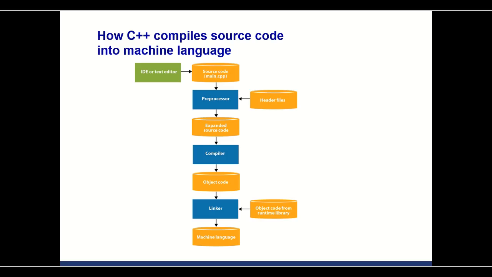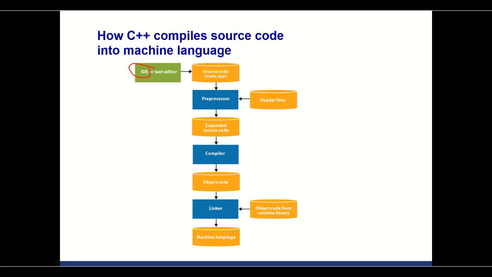Once the source code has been written, you compile it, right? Here you can see your IDE, Integrated Development Environment. This is Visual Studio. Optionally, you can use a text editor as well, like Notepad. But the IDE, like Visual Studio, comes with a lot of features which normal text editors do not support.